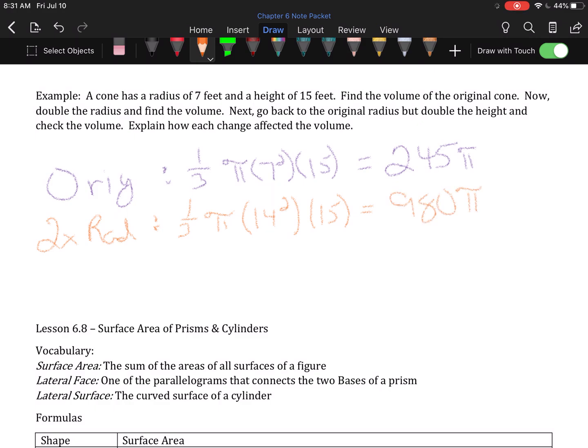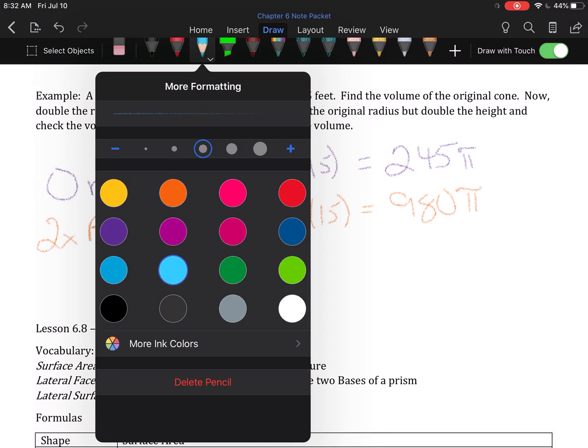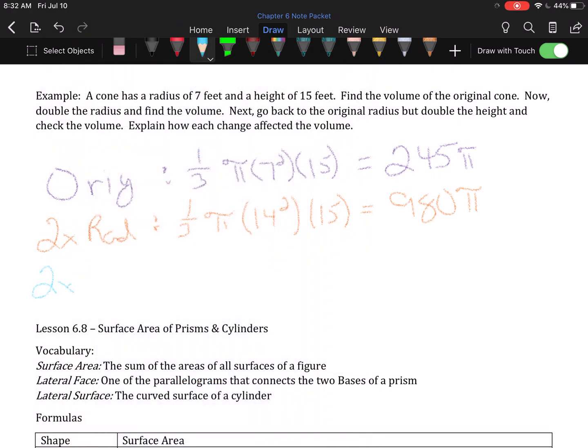That's a healthy number. And when we double the height, that's going to be 1/3 times pi times the radius goes back to 7, but the height now gets doubled up to 30. 7 squared is still 49. 1/3 of 30 is 10. 10 times 49 is 490 pi.